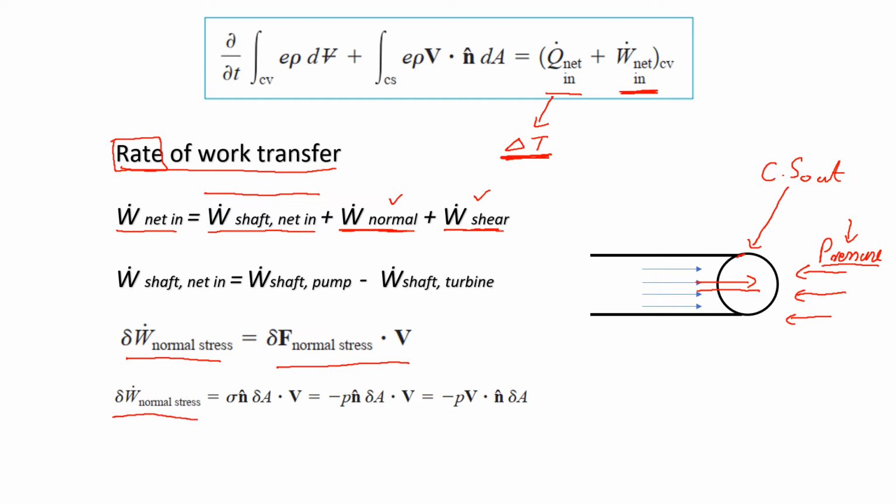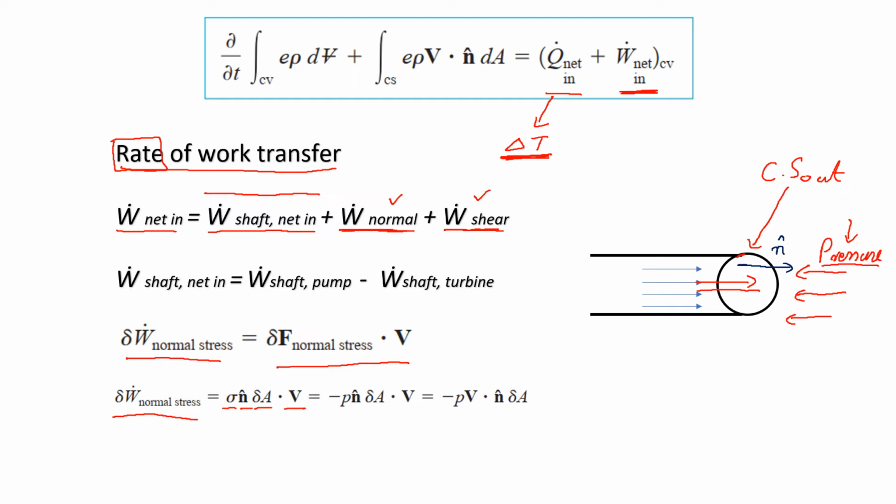So this is what we are going to get for the work required to overcome these normal stresses: it will be equal to stress, n unit vector and delta area, dot V. And I can represent the area by the n unit vector. You have already known this term that is used to give a directional sense to the area, because this is the control surface through which the fluid is going out.